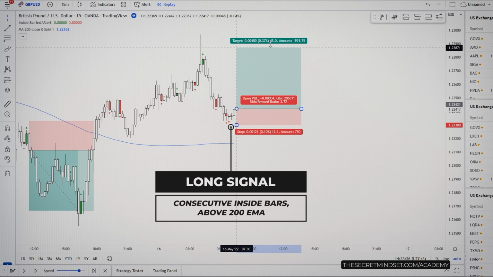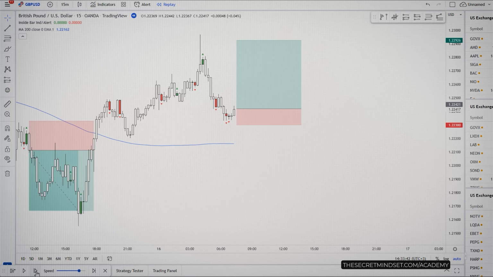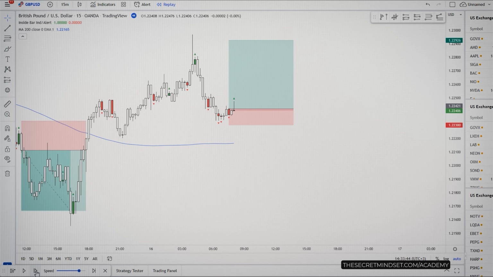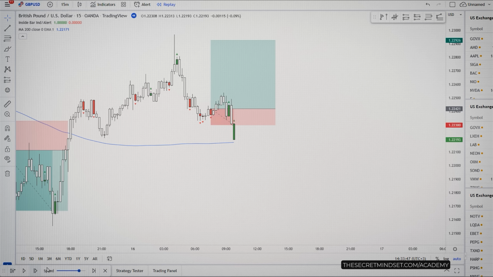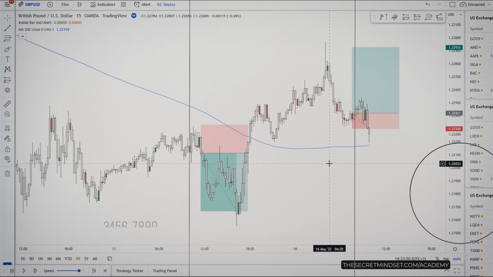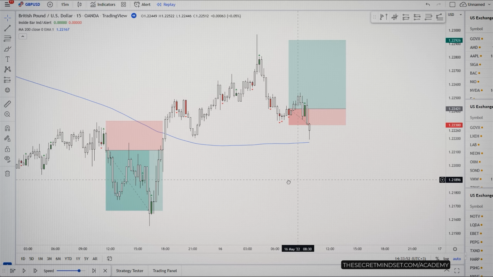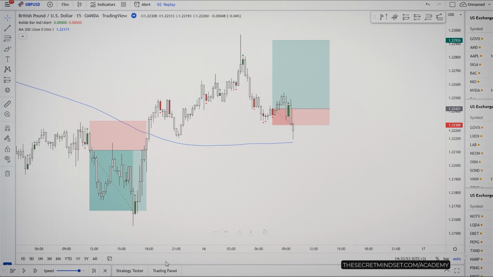Stop loss below the channel. Take profit at the next swing high. That's a risk to reward ratio of 4. We lost the trade, despite the fact it was actually a pretty good signal.